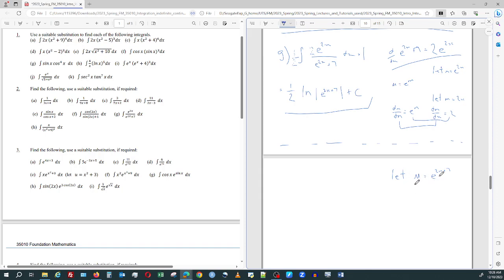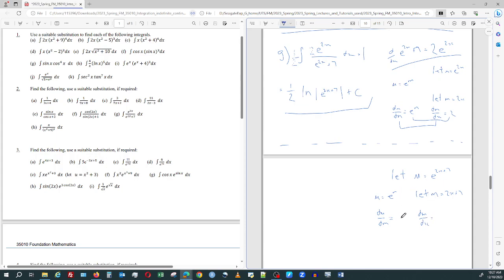And the problem is I can't do du dx for the same reason. So I've got to let m equal 2x plus 7. So it's a further substitution. And over here I can now write u equals e to the m. Feels like I'm doing a similar thing, doesn't it? du dm, chain together with dm dx, which is just multiplication.